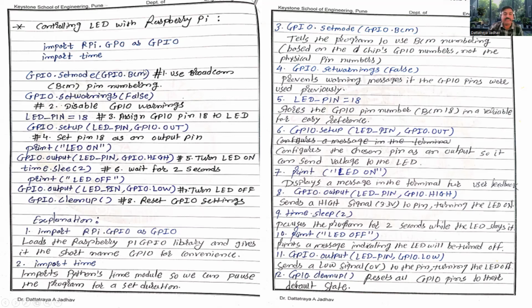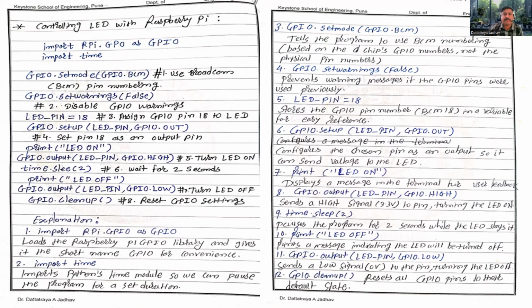So this is a way by which, through Python programming, we can control the LED with a Raspberry Pi. That is the basic concept, program and parameters related to your syllabus point one. Controlling of LED with a Raspberry Pi, that parameter will be considered. This is the simplest program. If you want, rather than an LED, you can make it a switch. If you provide a high voltage to the switch, the switch will be on. If we provide a low voltage, the switch will be off.